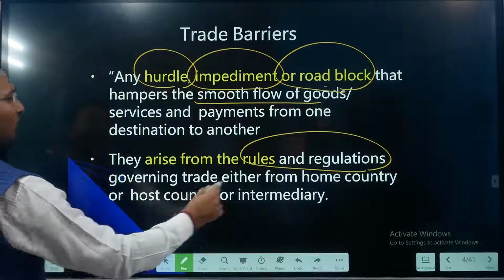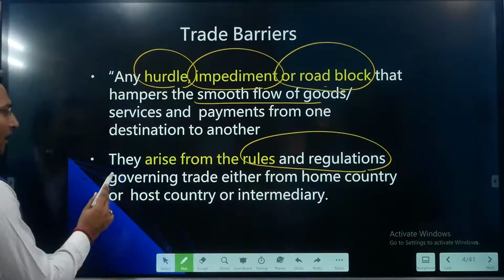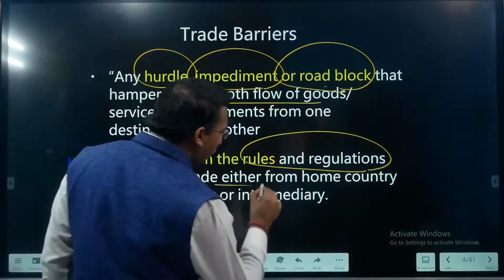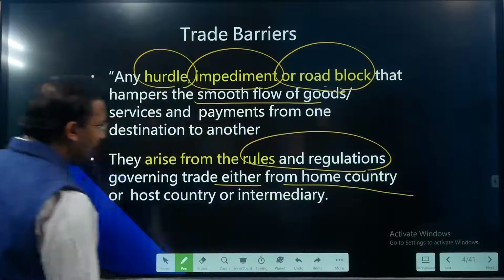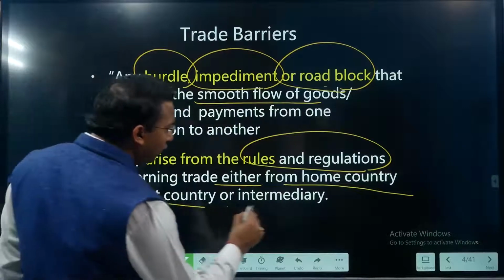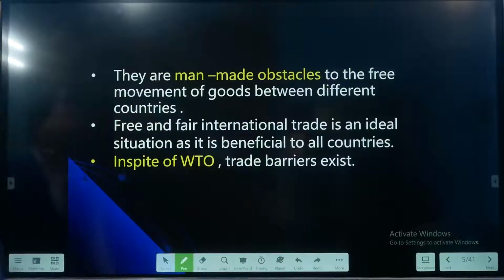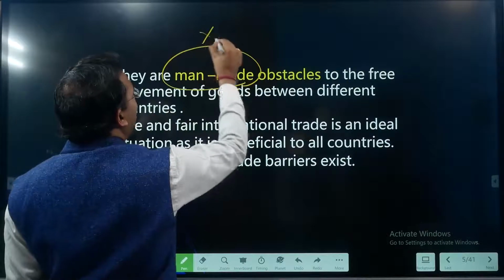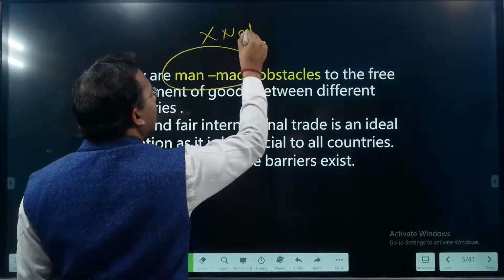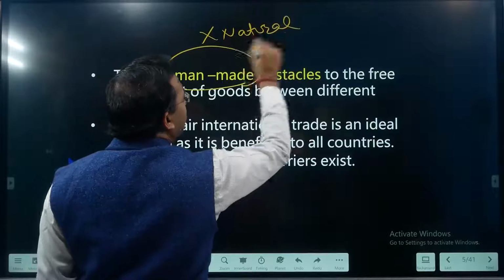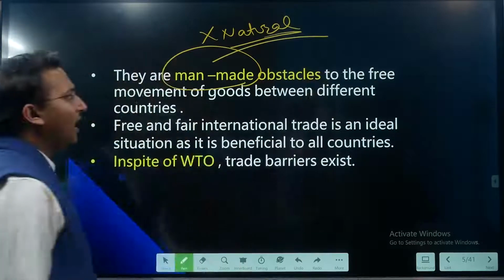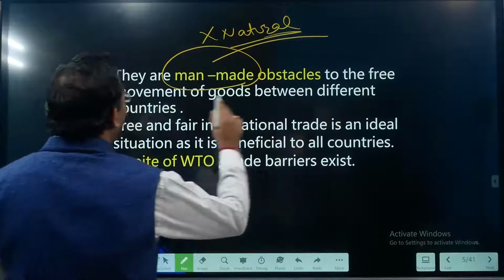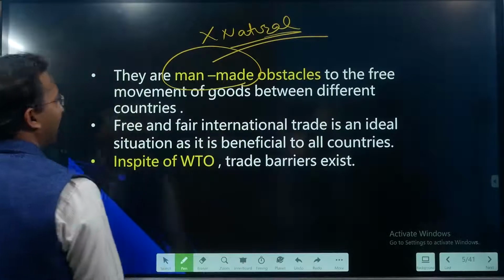They arise from the rules and regulations governing trade either from the home country, the host country, or an intermediary. They are not natural or unavoidable. They are avoidable and man-made obstacles to the free movement of goods between different countries.